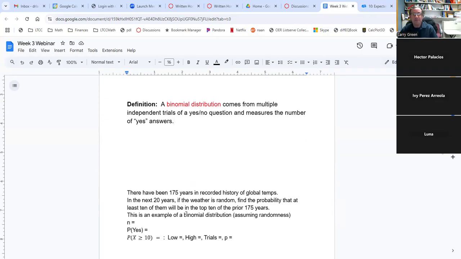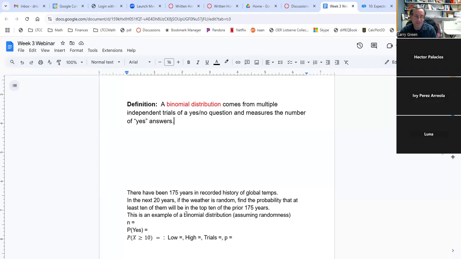Okay, this is, I think, a very important example. Hopefully you've heard of climate change. And one of the things that I think is very important is understanding statistics so that you can know whether or not climate change is real or it's just something that a bunch of people are talking about, but it's just a joke.